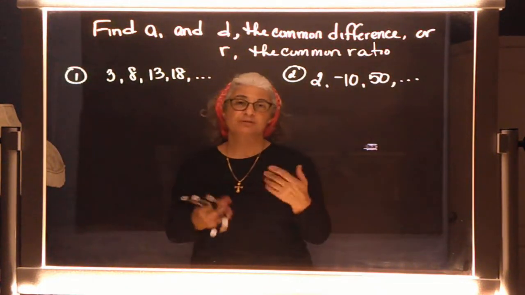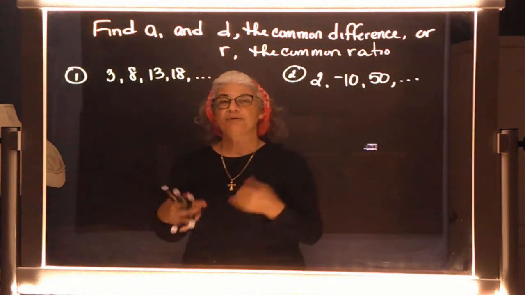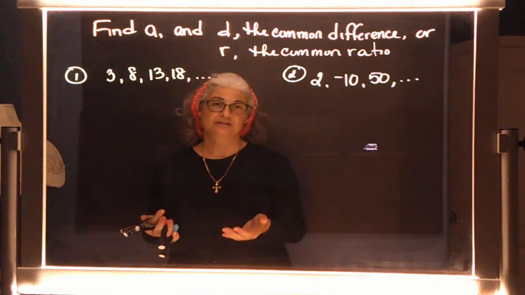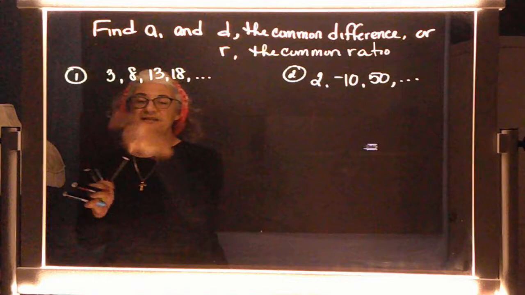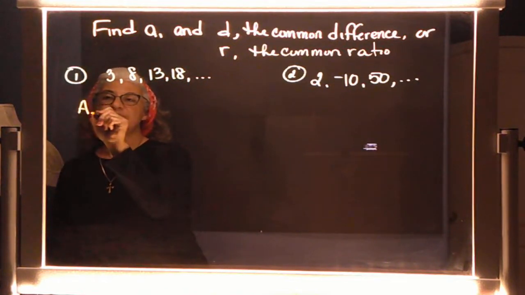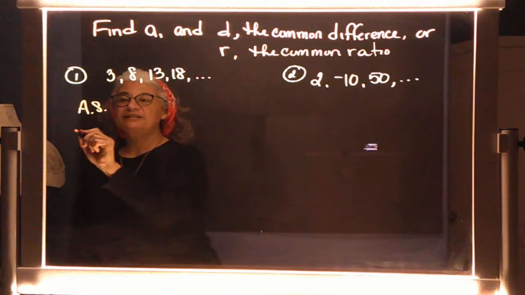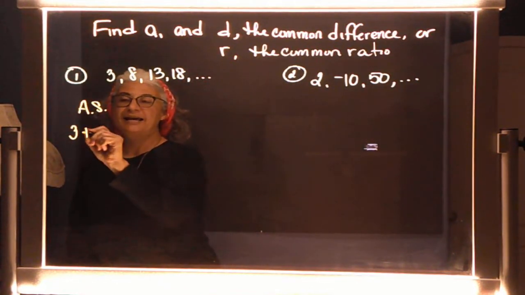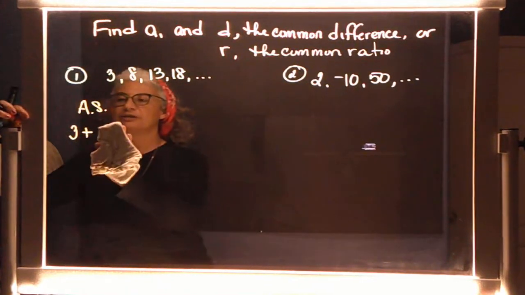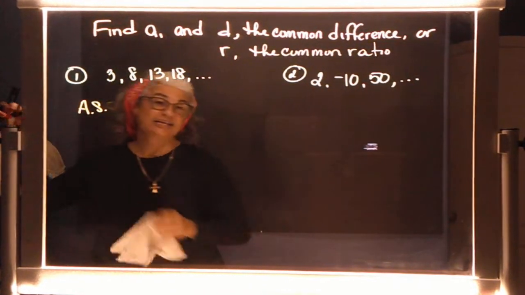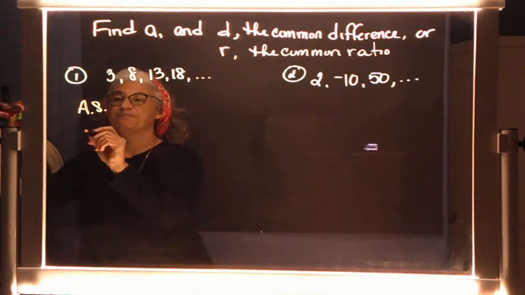Now, some of you may be able to tell right away if this is an arithmetic or geometric sequence, and I get that. But for those of you who are not certain how to tell, here's how we're going to handle this. If this is an arithmetic sequence, I'm going to call it AS for short, then I'm going to do a little bit of notation for us based upon the definitions.